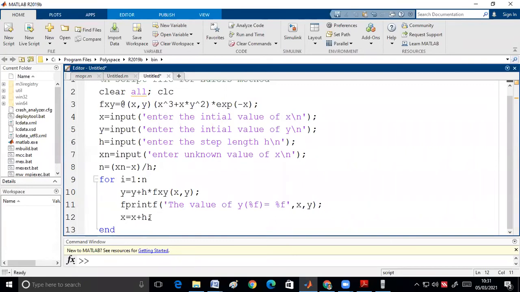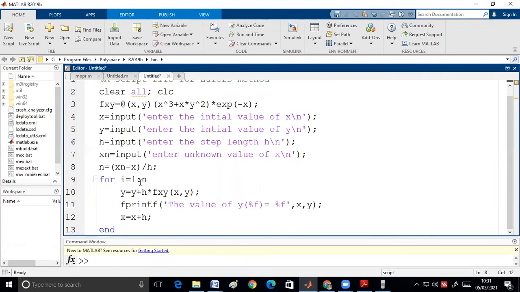Now what happened? So this is a very simple program. First give the inline function, ask the initial value and initial value of y, ask the h value and final value, then find the n value. N is nothing but the number of times we have to repeat our program. So repeat the same process for two or three times depending on the n value.